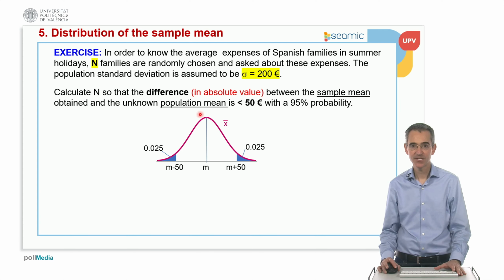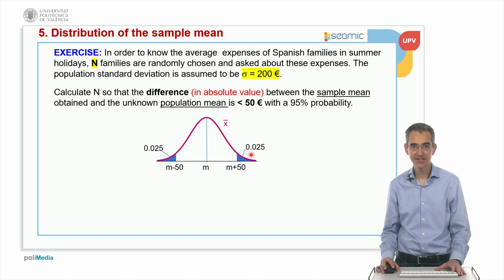So this is the distribution of the sample mean. The average is the real value of the population mean, and it follows a normal distribution. We have a probability of 95%, so we get the interval so that inside we have 95% of the probability, so that on the left we will have 2.5% and on the right side we will also have 2.5%.